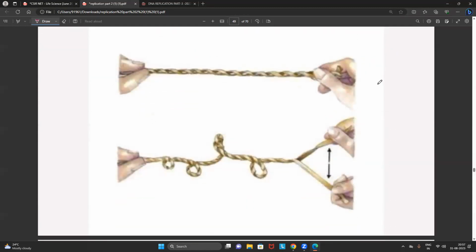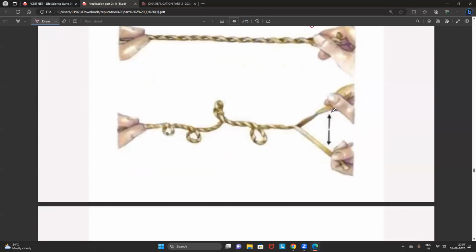So fast it is moving, it creates a lot of tension. Every student, imagine this diagram. On one side, you are holding the thread. On another side, another person is holding the thread. By using your thumb force, you are opening the thread. You're creating a lot of pressure on the thread, so the thread is opening continuously.